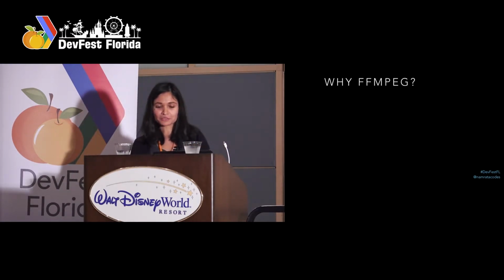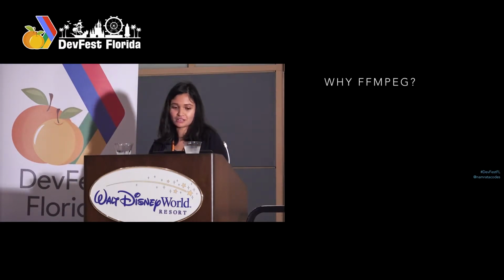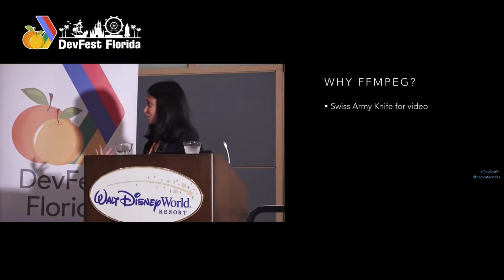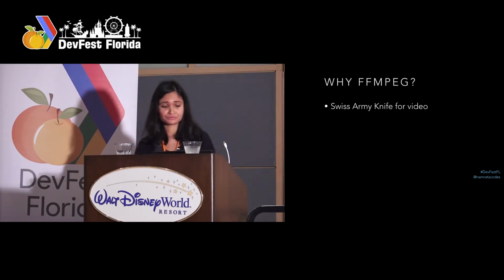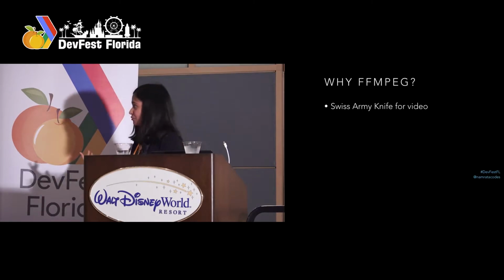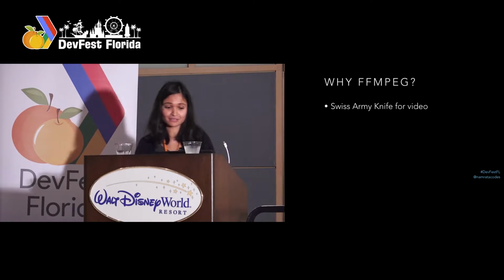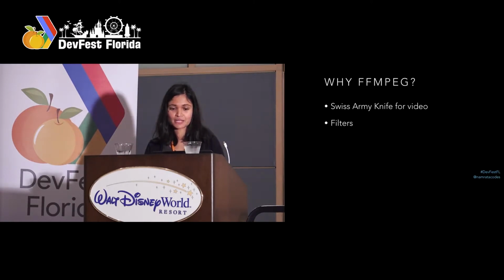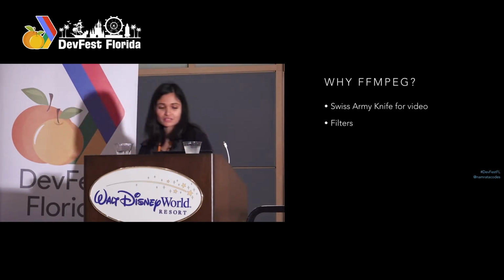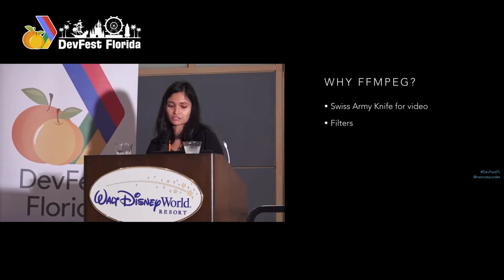So this is a very popular open source library, and why did I decide to go with FFmpeg? It is literally known as the Swiss Army knife for all things video related. It can do any video processing task out there. It also supports a lot of different filters.